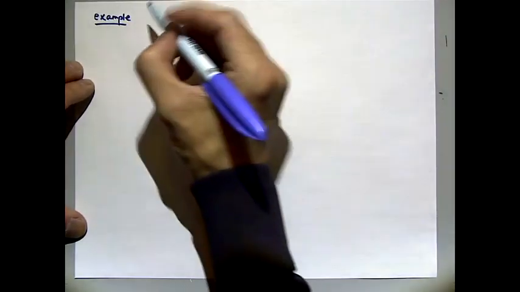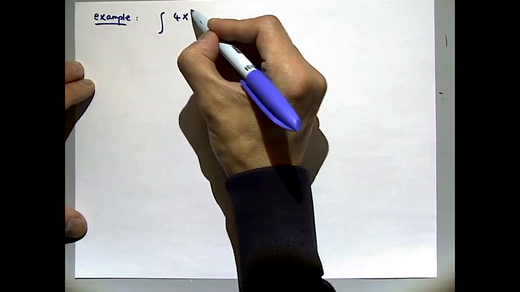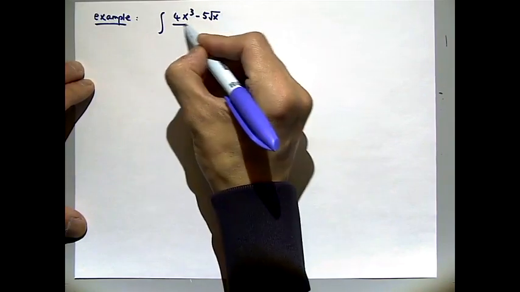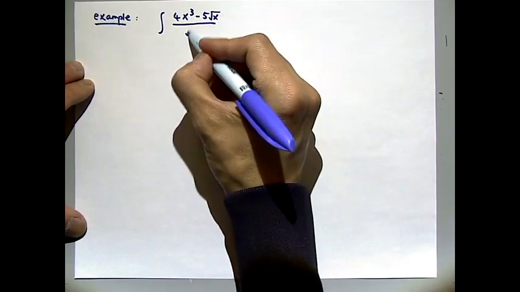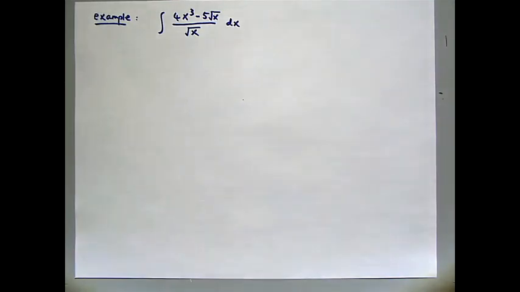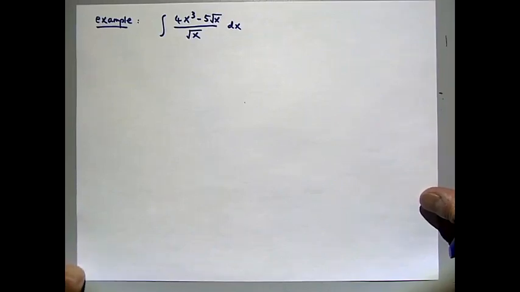Couple of quick examples. All right, so we got this thing here, 4x cubed minus 5 radical x over x.